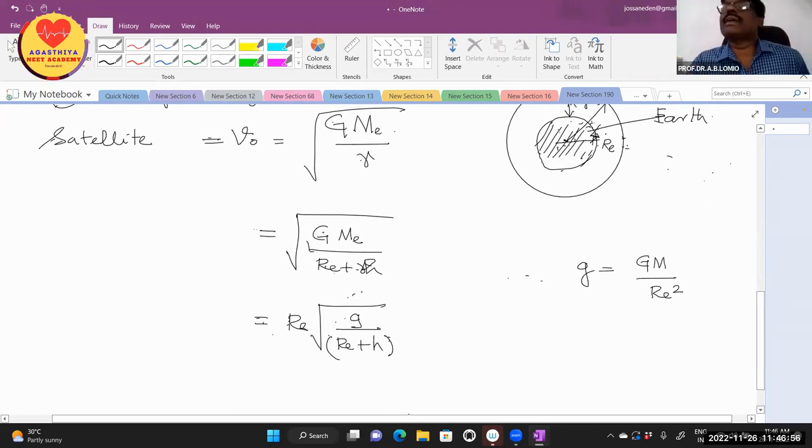Depending upon the data given, we can select either one of the formulas.